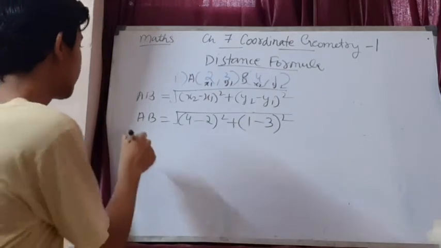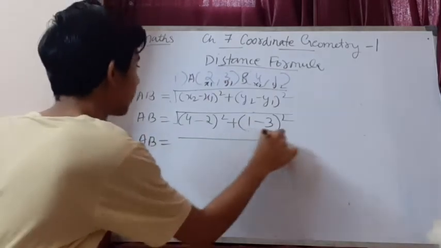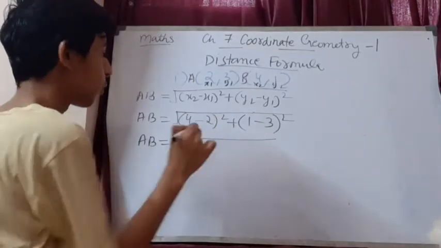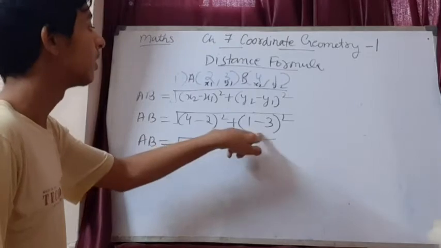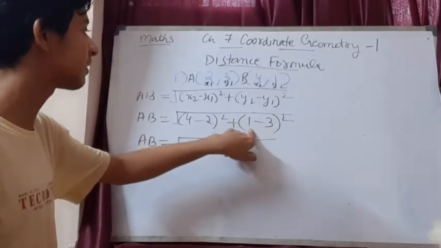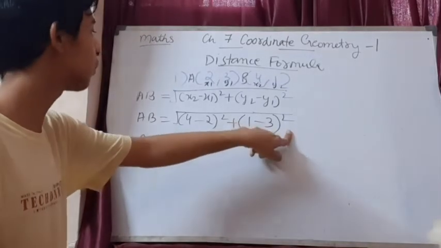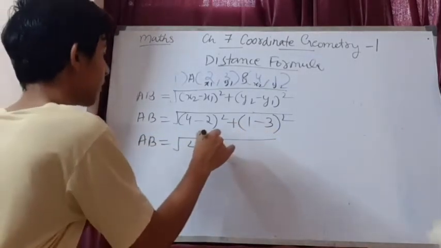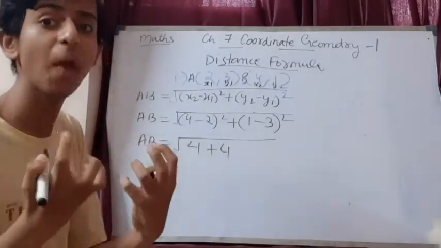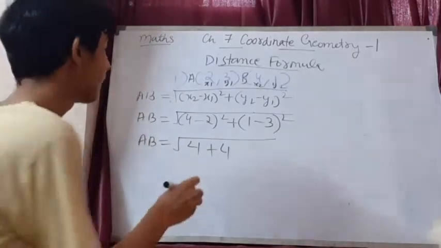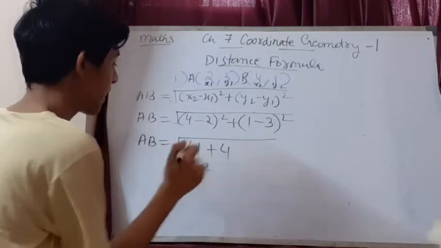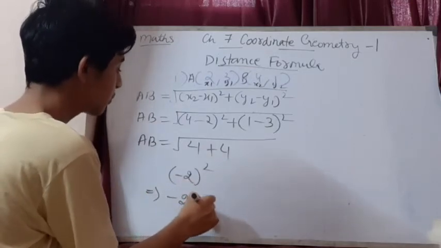Please remember. So the distance AB will be equal to under root of (4 minus 2) whole square, that is 2 square, 4. Clear? Then 1 minus 3, that is minus 2, and minus 2 whole square is again plus 4. Why? Remember, whenever we are squaring a negative number, minus 2 whole square, it means I multiplied minus 2 two times.